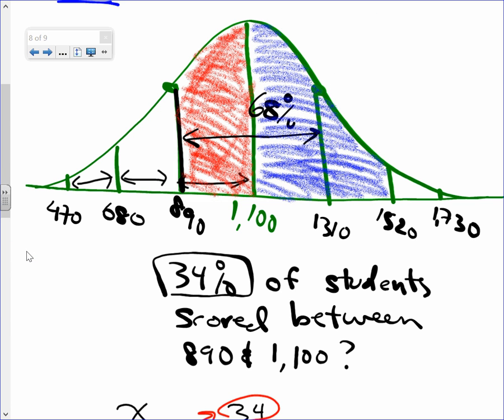Right, so from the mean, 2 standard deviations below, 2 standard deviations above, comprises 95% of the data. Ortiz, you with me? So 2 below, 2 above is 95% of the data. So all that's in blue is half of 95. That makes sense? So you took 95 divided by 2.